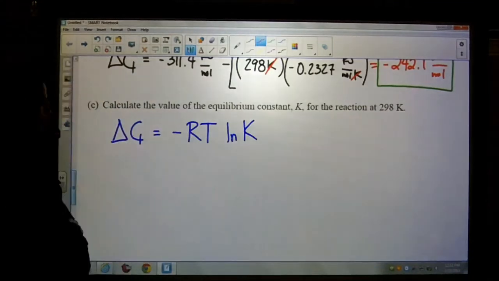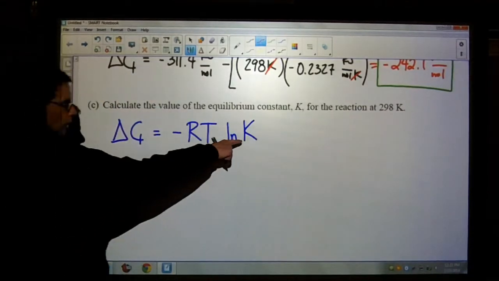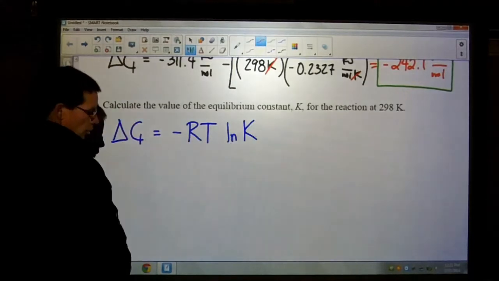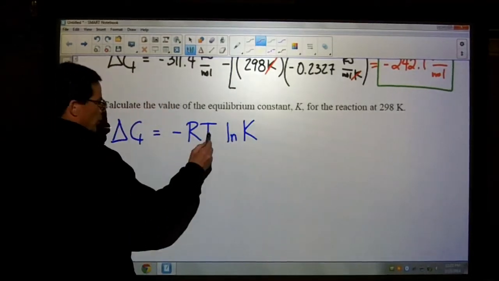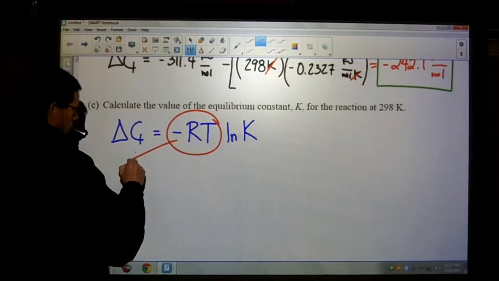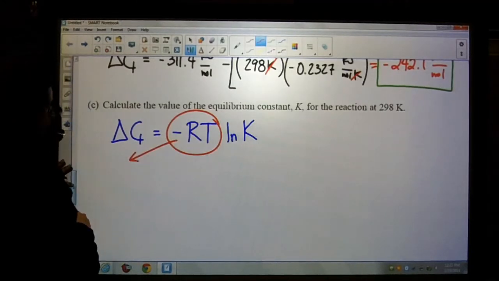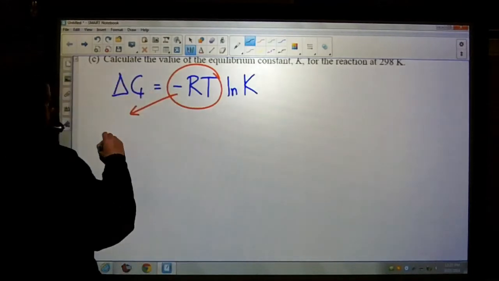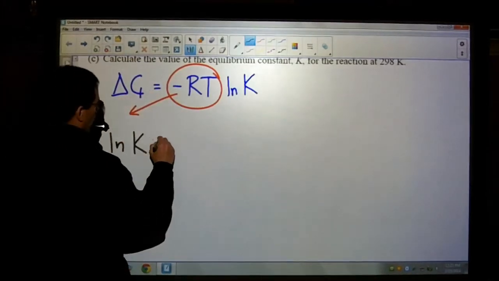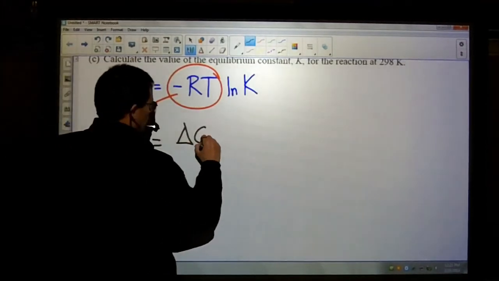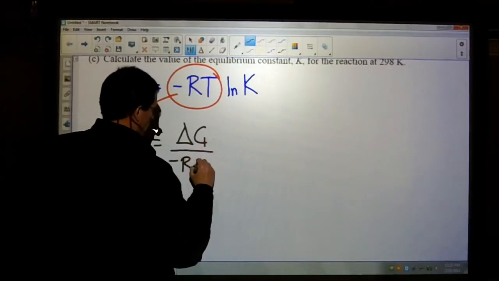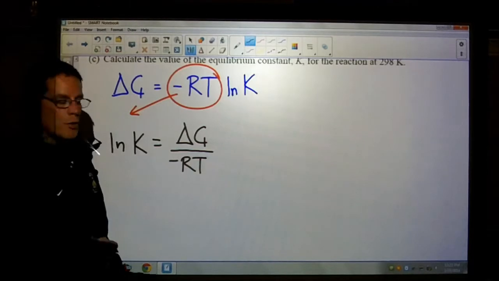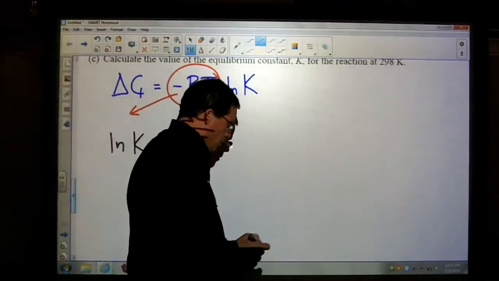All right, so let's plug the values in. We're looking for K, so we know everything except for K. So it's probably not a bad idea to rearrange this equation. Okay, so we're looking for the natural log of K. Natural log of K in this case would be equal to delta G over negative RT. Also keep in mind that your R value is in joules, so we have to make that conversion again.